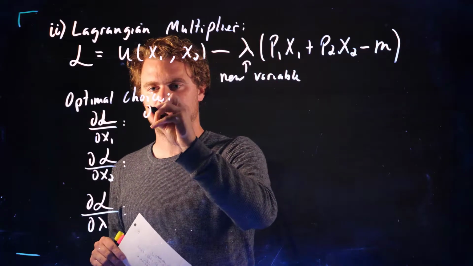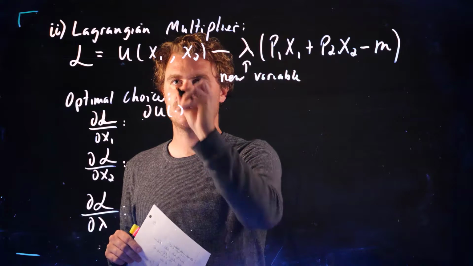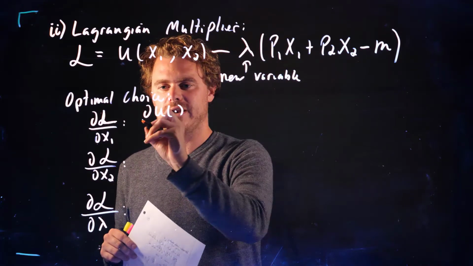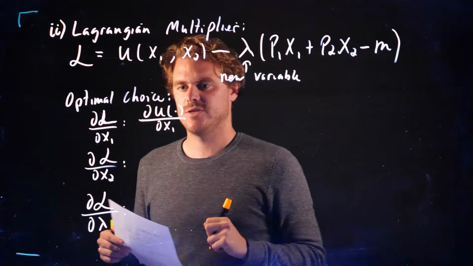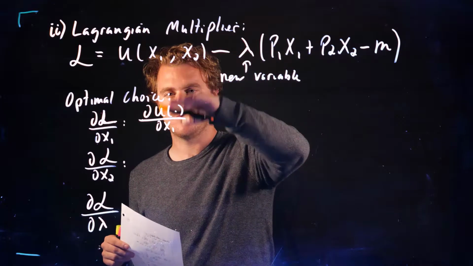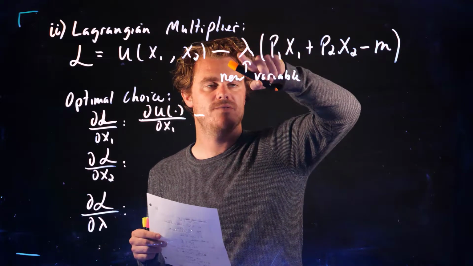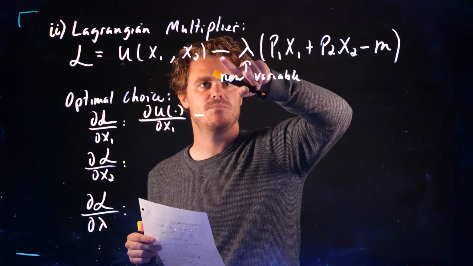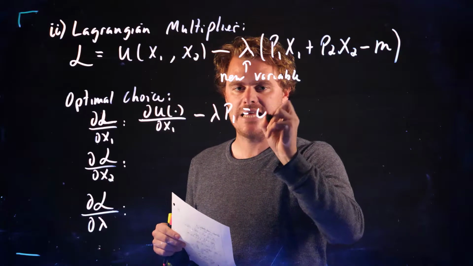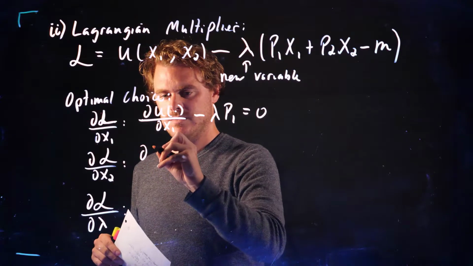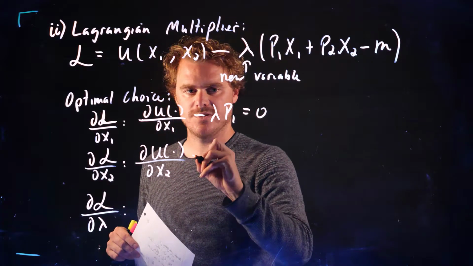So this is just the derivative of u. When I write u in brackets with a dot, that's just my shorthand instead of writing x1, x2. So the derivative of this utility function with respect to x1, and then the derivative of the rest with respect to x1 is just minus lambda p1. So that equals 0. At the optimum, this is also satisfied.